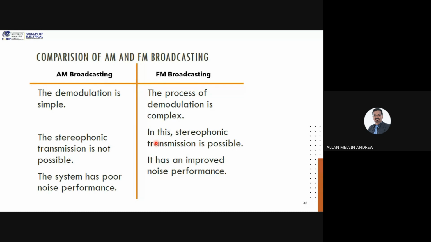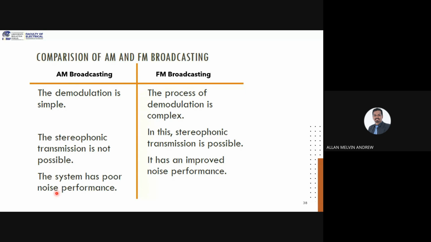The first stereophonic device can send at a certain frequency, the second can send at a different frequency, and they can be combined to estimate the message. That is possible in FM because it's dealing with frequency.